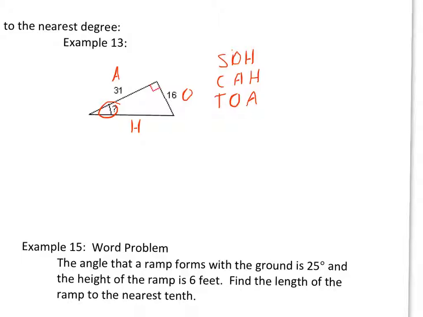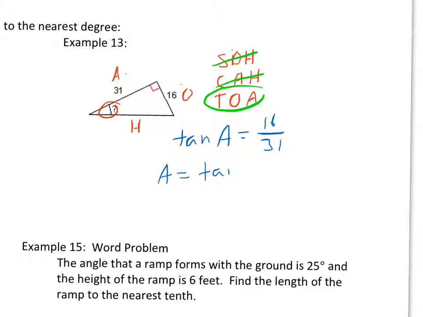We have opposite and adjacent, so tangent. So we would say tangent of the unknown is equal to opposite over adjacent, and we can solve this by taking the tan inverse of 16/31. And that should give us approximately 27 degrees.